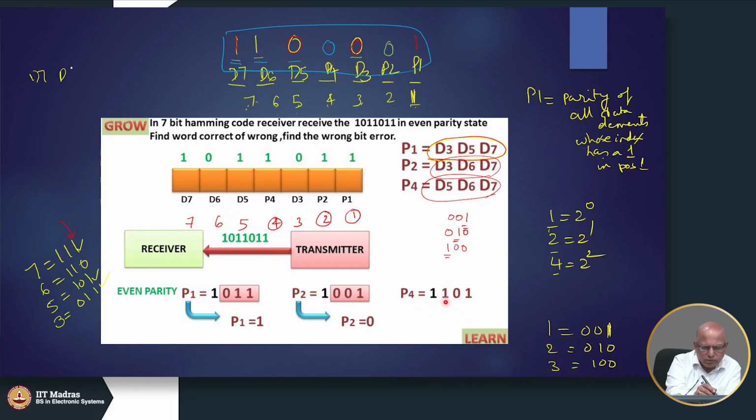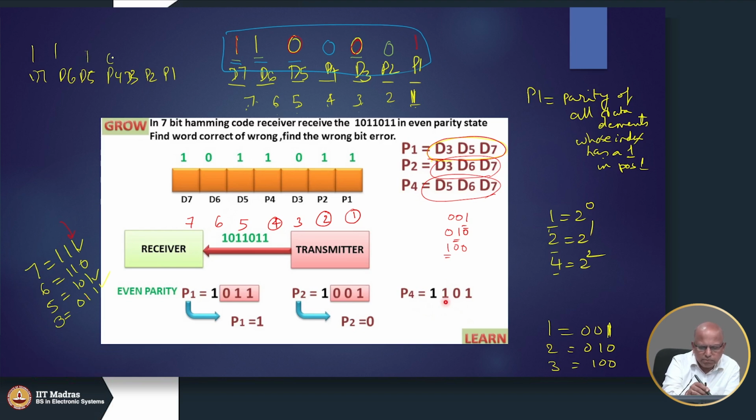D7, D6, D5, P4, D3, P2, P1 and I am saying that we are receiving one bit error. Let us say D5 has flipped.